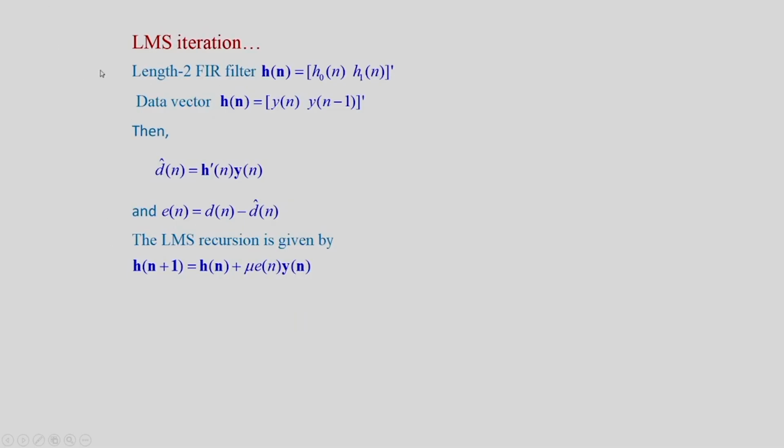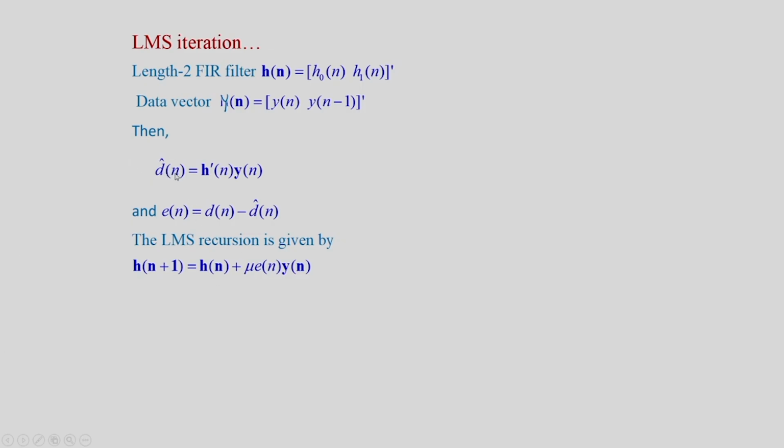Now, the LMS iteration will start. The length-2 FIR filter H of n, that is h0 of n and h1 of n transpose. These are the two filter coefficients. And the data vector y of n is given by this two component vector comprising of y of n and y of n minus 1.